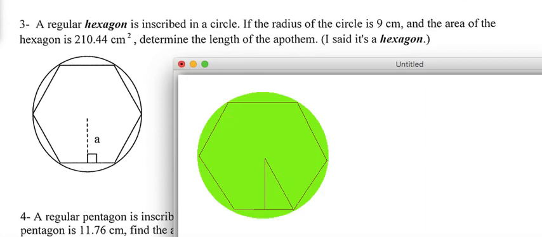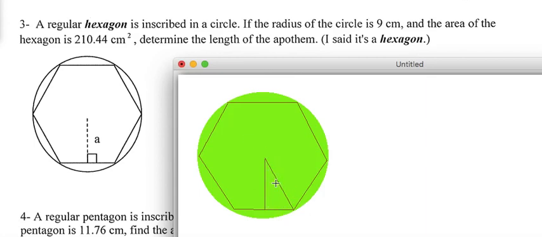So we have a right-angled triangle, and the thing with right-angled triangles is if you know two sides of it, either the two short sides, the two legs, which touch the 90-degree angle, or one of the short sides and the hypotenuse, the long diagonal-looking side that doesn't touch 90 degrees, you can always find the third one.